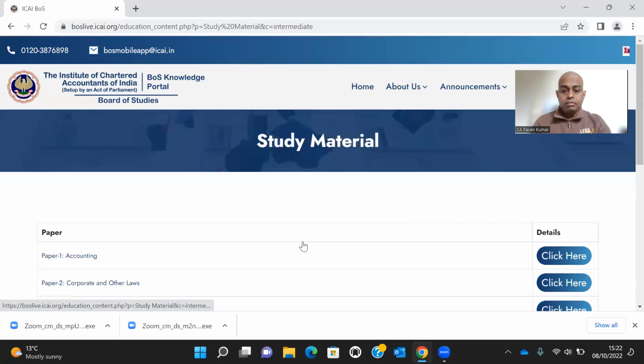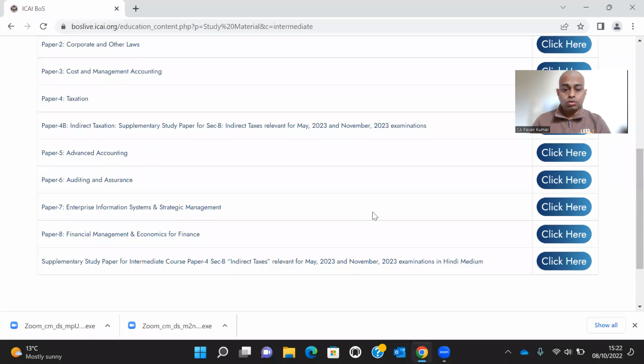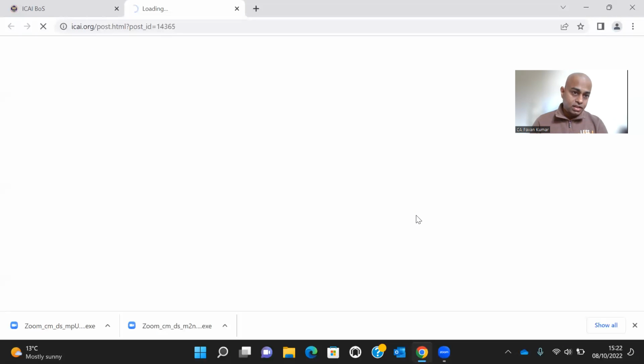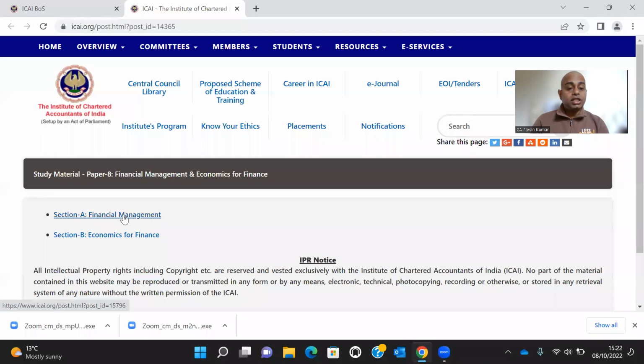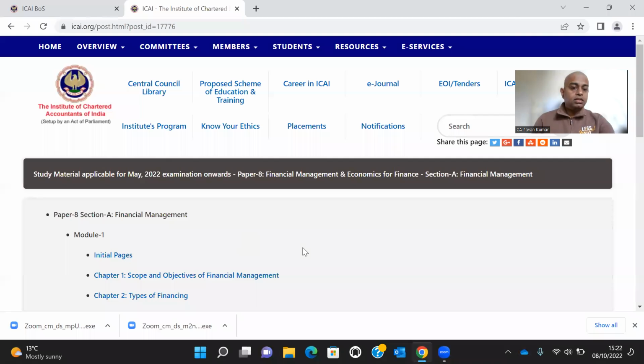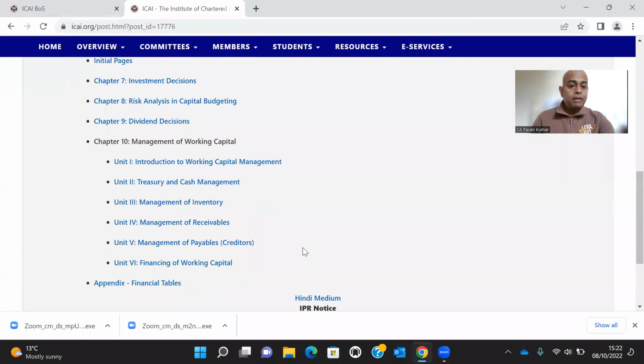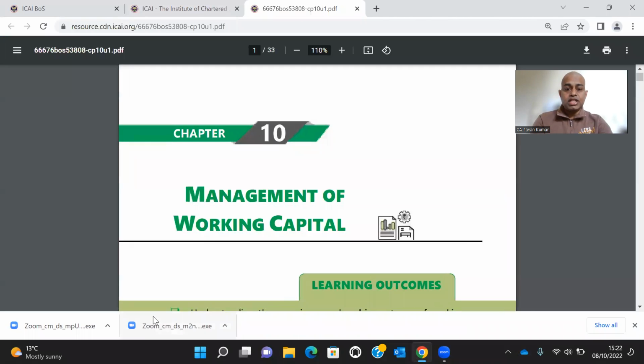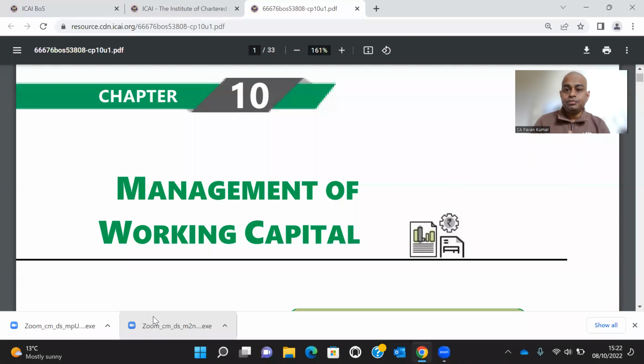In that, we'll go to Intermediate, then Financial Management. In that, we go to Section A, which is FM. Which chapter are we in? The 10th chapter, Management of Working Capital.